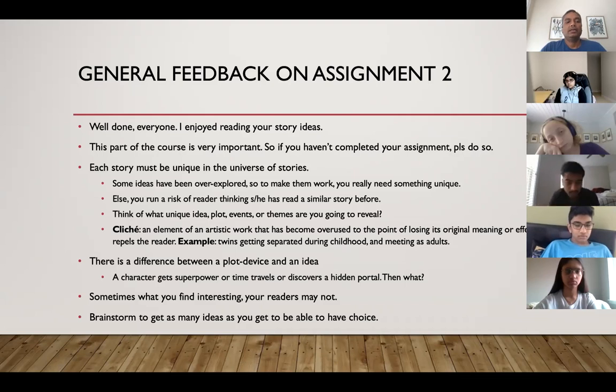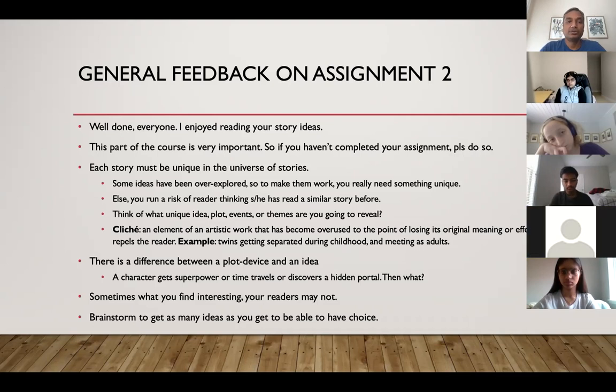So the other thing I would say that this part of the course, coming up with ideas, is very crucial for the success of this course. And here is why. So we are going to pick one of your ideas and then develop that as a full story. And like I defined the goal of this course, we are going to develop that as an unputdownable story.